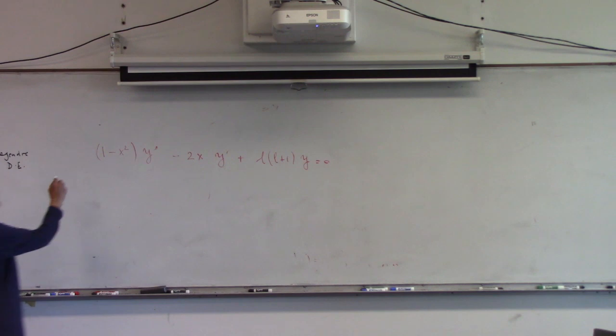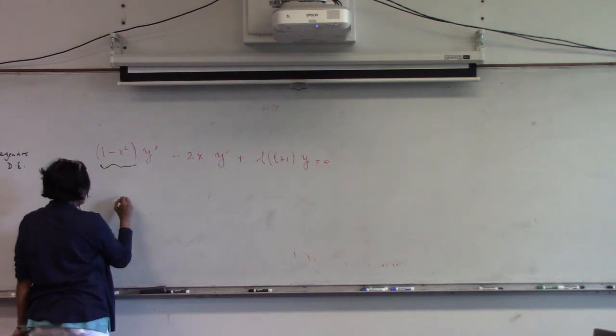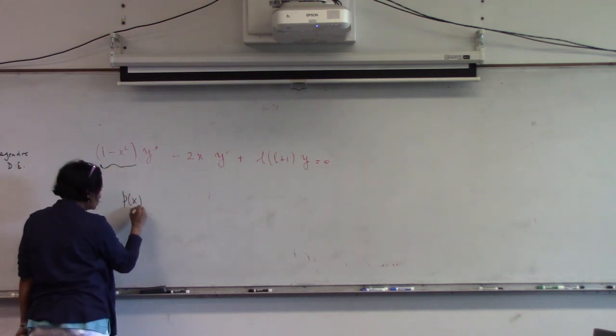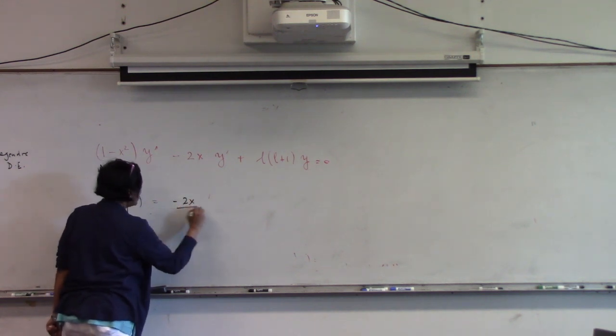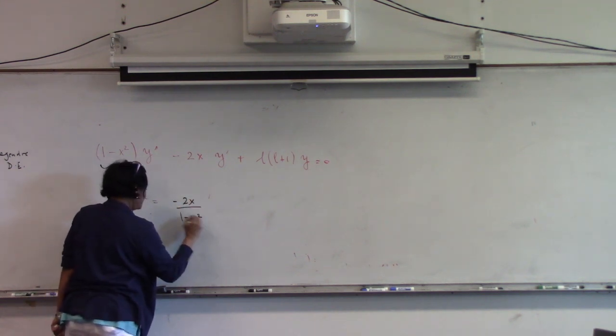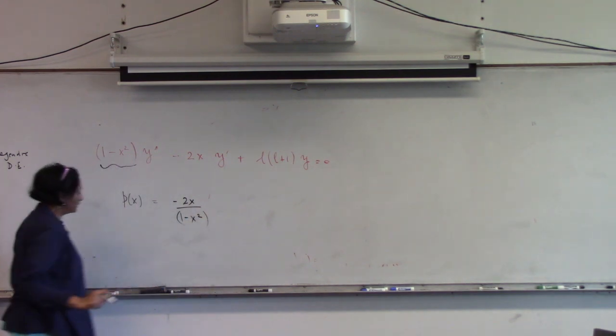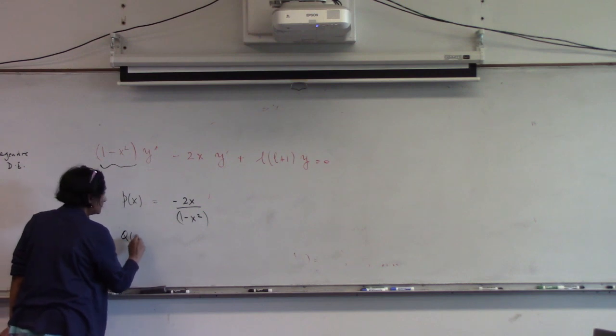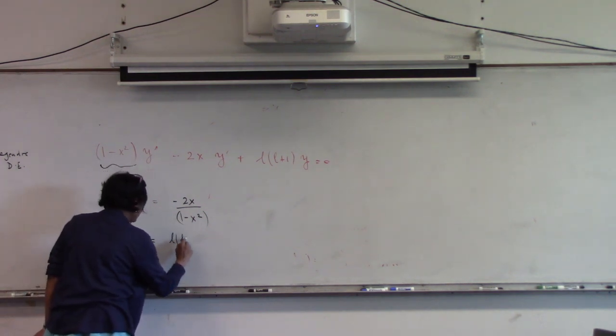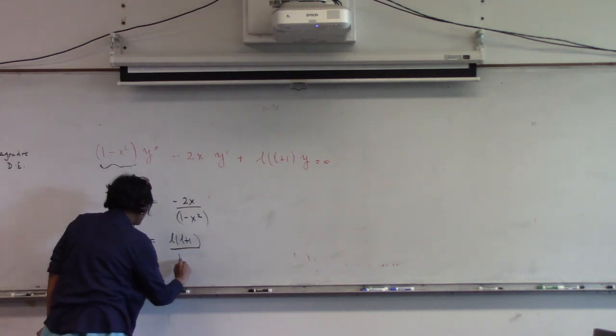We have to divide through this, right? So P of x is minus 2x over 1 minus x squared, because we have to make the coefficient 1. That's how we decide what type of solution we have to propose. Q of x is L times L plus 1 divided by 1 minus x squared.